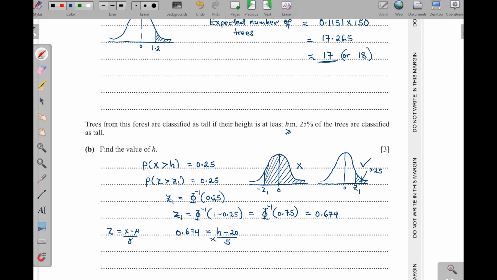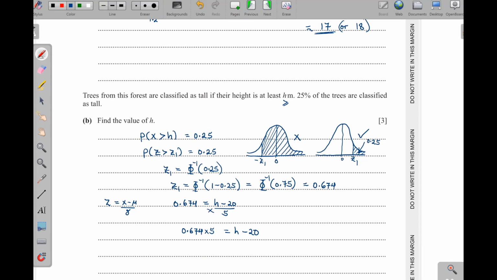So if we cross multiply, we shall have 0.674 times the 5, and this is equal to h minus the 20. So if I take 20 to this other side, we shall have h equal to 20 plus 5 multiplied by 0.674.